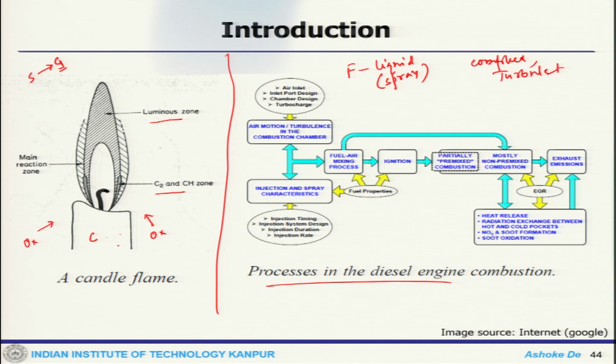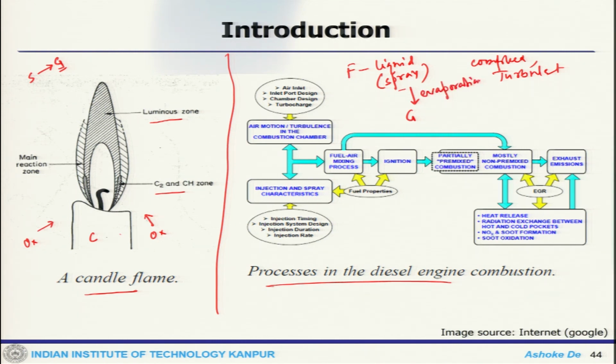In the previous example of the candle flame, we saw a solid burning. Solid, due to pyrolysis, immediately goes to the gaseous state and the burning takes place. Here your liquid has to evaporate, so it has to again form a gas through evaporation.